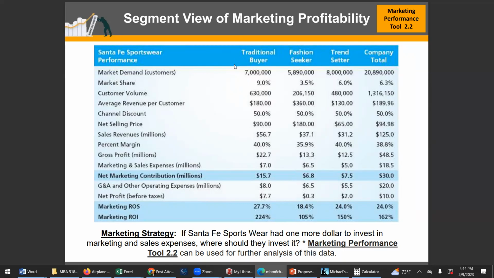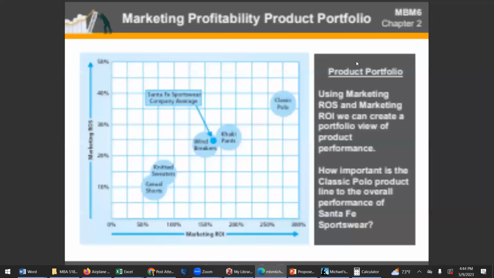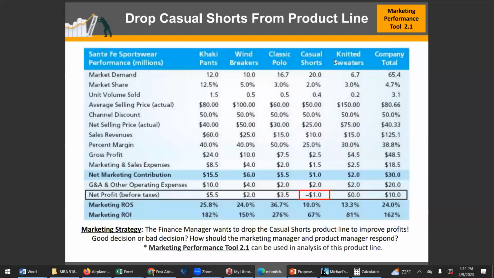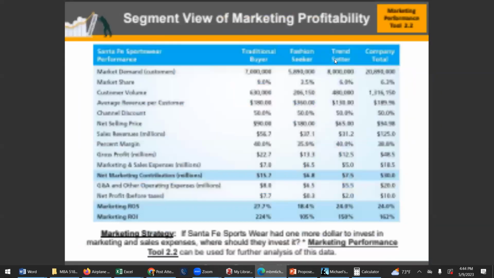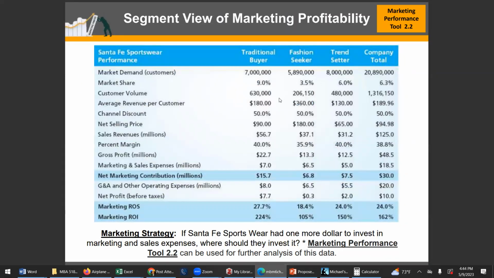Not every customer that buys Santa Fe Sportswear is the same. Okay. Same kind of analysis, just slicing it based on customer segment rather than by product type. Different unit of analysis. So we can see by customer segment, our net marketing contribution in terms of dollars, there's our same 30 million, right?